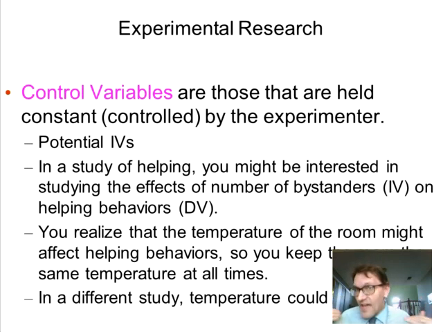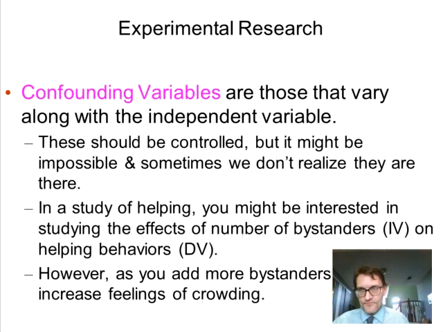And I think the temperature of the room could make a difference. Aha, I will make sure the temperature of the room is exactly the same every single time I run this experiment. I've held it constant. I've controlled it. Therefore, when I later want to say A causes B, I am 100% certain that temperature of the room is not interfering with my ability to say A causes B.